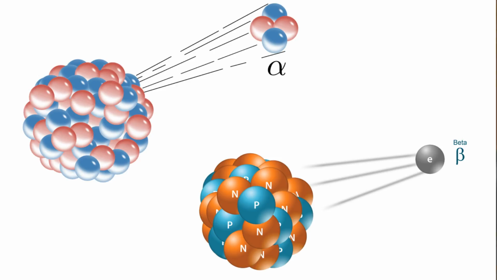And a beta particle is just either an electron or a positron, a positive electron, okay? So beta particles are smaller than the alpha particles, first of all. And second, you can say that the alpha particle is matter, but the beta particle is, well, I guess an electron is matter when it's a particle, not when it's a wave.